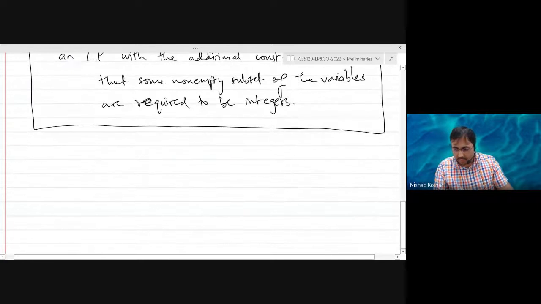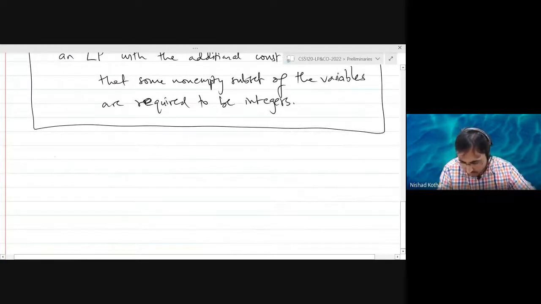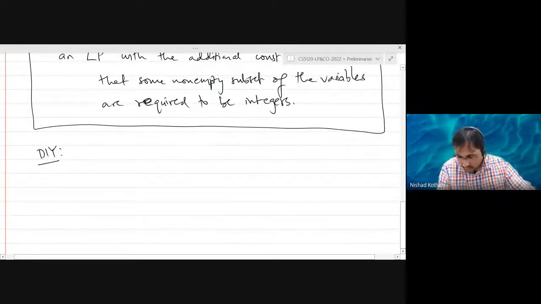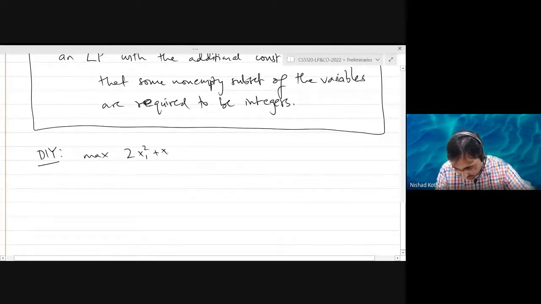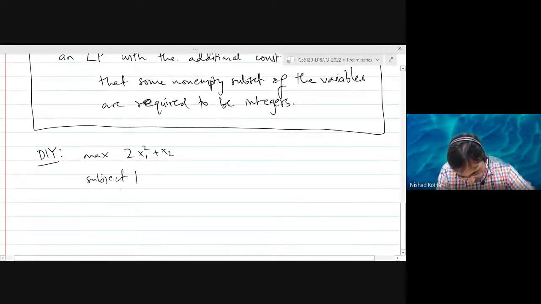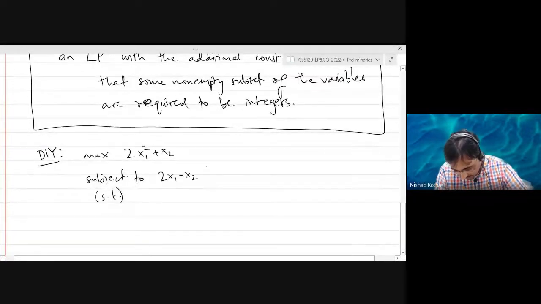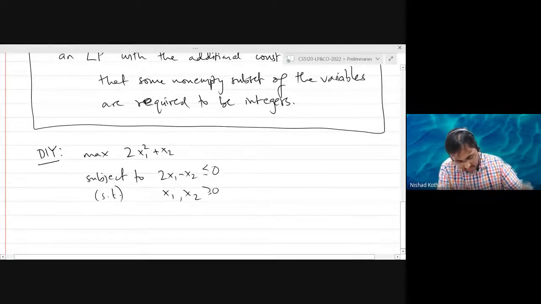I want to give you two examples. Maybe we'll discuss these tomorrow. So for now, just do it yourself. What about the following optimization problems? Are these linear or are they not linear? So instead of writing subject to every time, I might just write s.t. And here are your constraints. So that's your first.